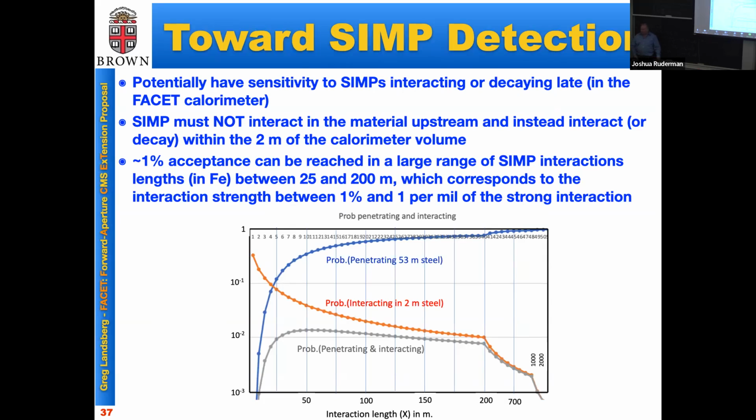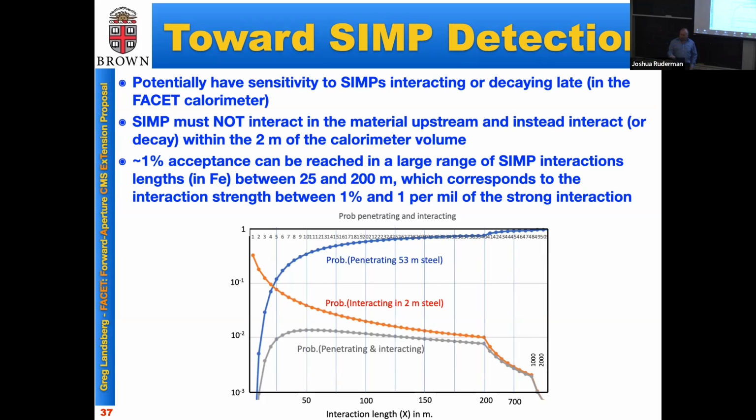And some ideas of how to detect strongly interacting massive particles. In this case, essentially, you want this particle to penetrate the shielding. So that's exponentially falling. This is the probability of penetrating, say, 53 meters of steel, which is about the size of the beam optics in front of the FACET detector. And then you have a falling probability of interacting within 2 meters of steel, which is the size of our calorimeter, HCAL.